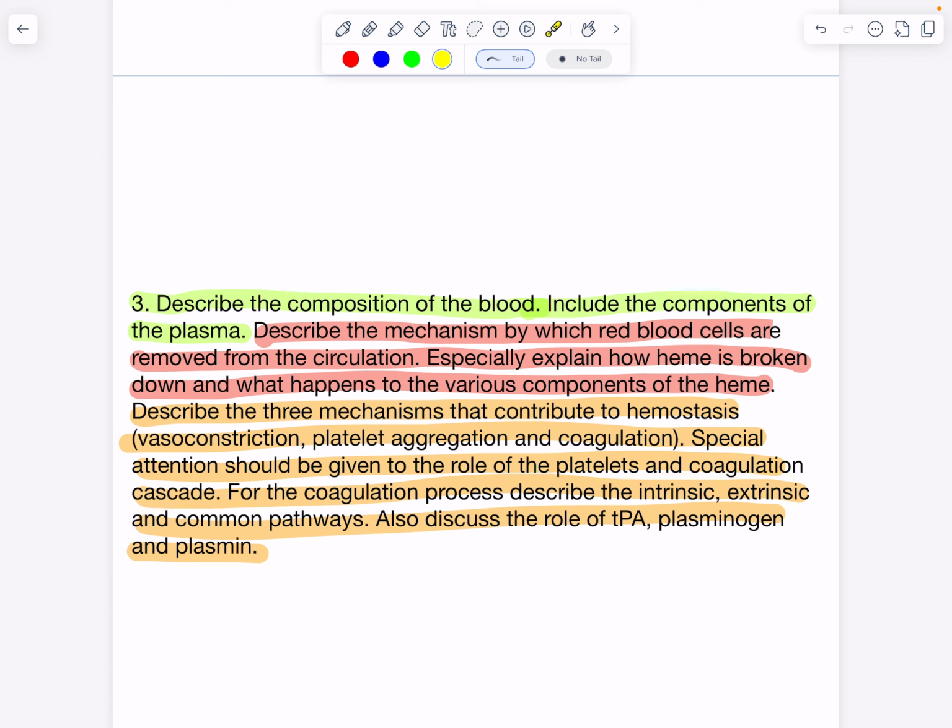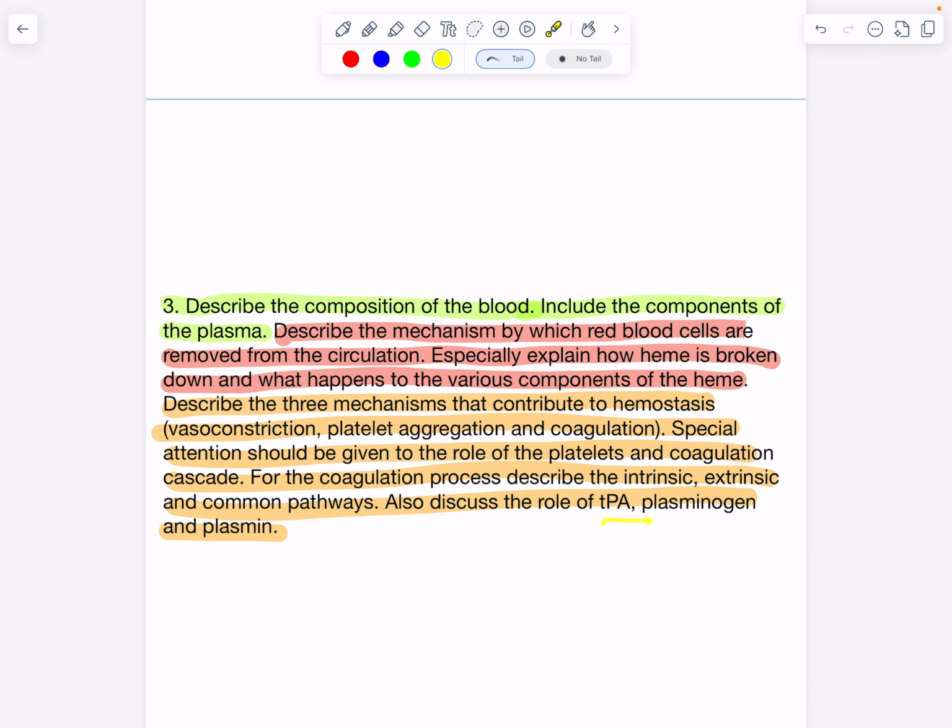Now finishing off with TPA, plasminogen, and plasmin. These are all very related.